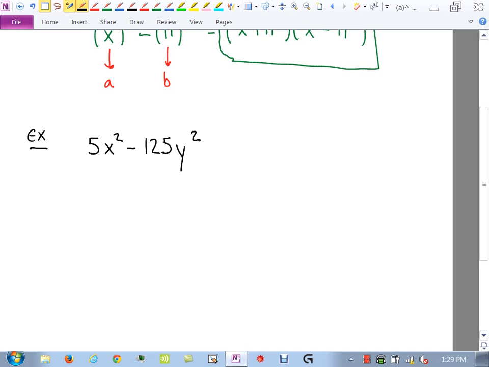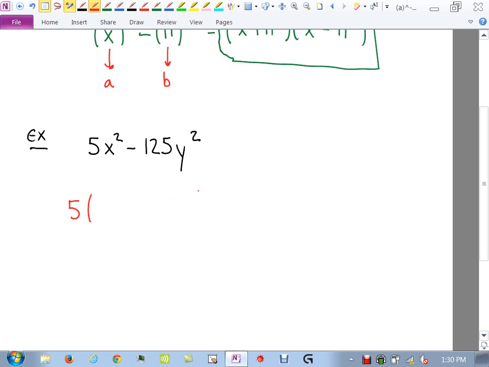What do you think? How many terms? What's the next thing you should ask yourself? Greatest common factor. Is there a greatest common factor? 5. If you miss that step, this problem's not going to be easy. You've got to see that there's a common factor of 5 first. So let's go ahead and pull the 5 out first.